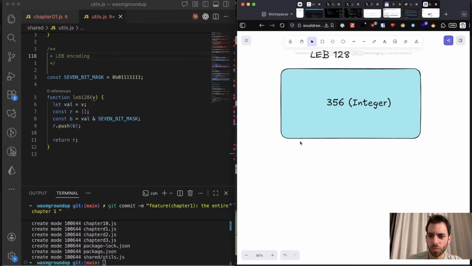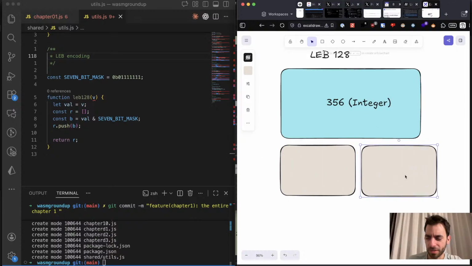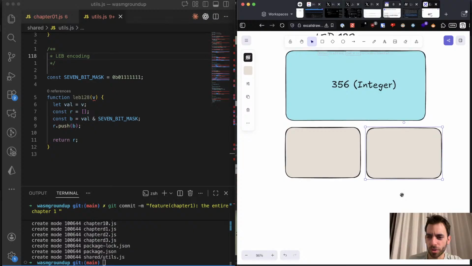We want to encode it into a format. I had it all wrong. It's the same as if you have these boxes, and what you want to do is split it. This is interesting.